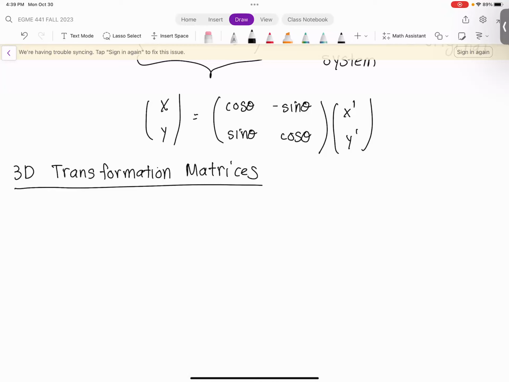So the good news about 3D transformation matrices is that we can obtain them by doing multiple 2D transformations. Because in 2D, there's really only one rotation we can make, right? But in 3D, there are basically three directions we can rotate.